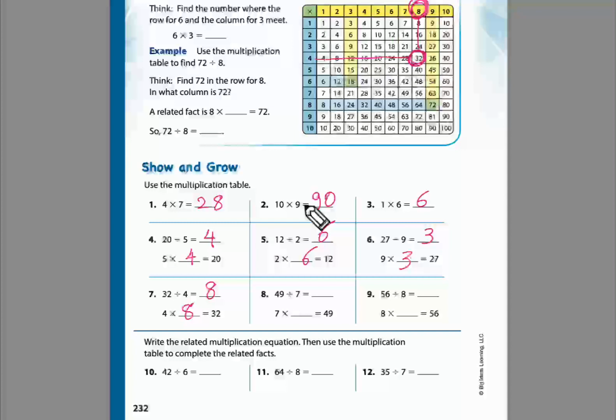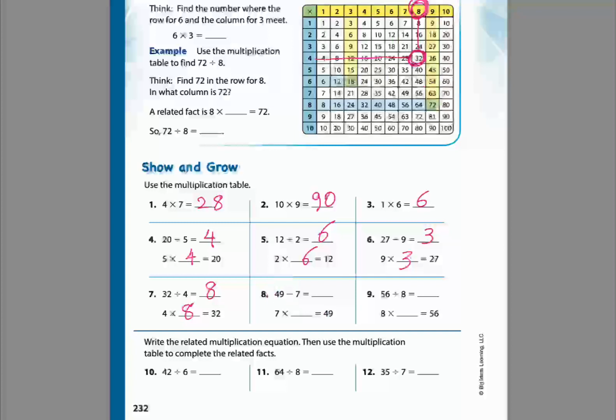Question number 8. In the row 4. In which row? 5. This is not 5, my hero. 7. Yes, we need to find 49.